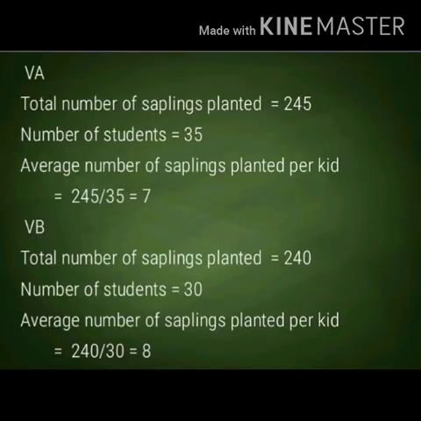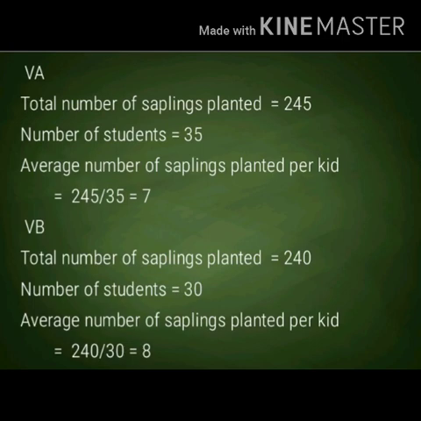First, we want to check the average number of saplings planted by 5th A. First of all, just take the total number of saplings planted, that is 245, and the number of students is 35. So, the average is 7. And in the case of 5th B, the total number of saplings planted is 240 and the number of students is 30.